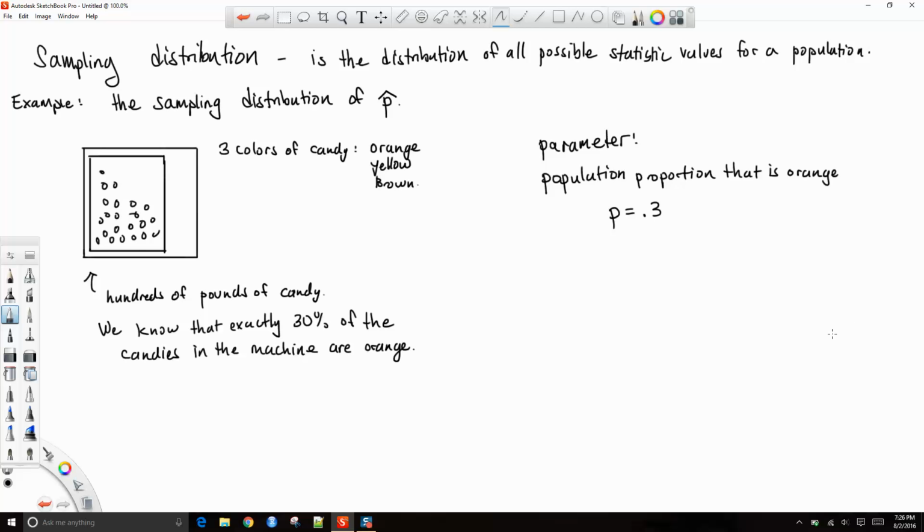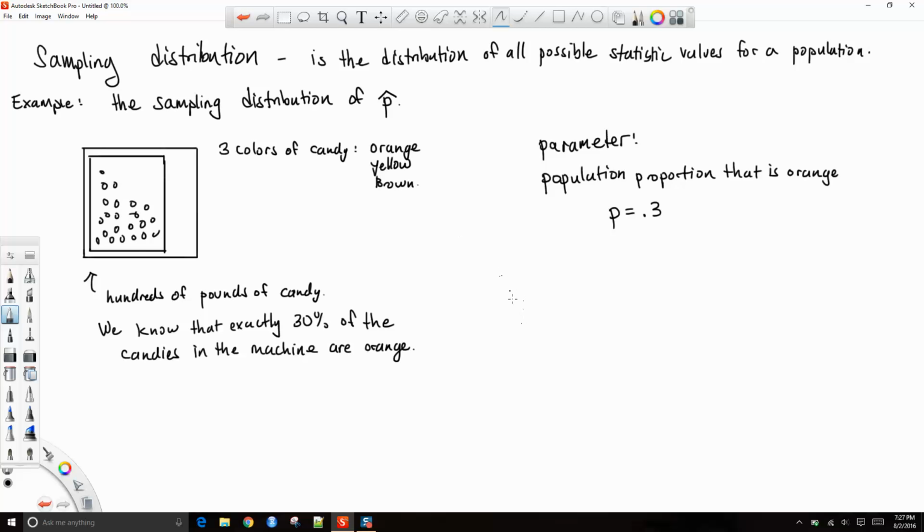So all I'm saying is that we've got this big machine with a tank of hundreds of pounds of candy in it, and we know that exactly 30% of the candies are orange. What we're going to do is take a sample.